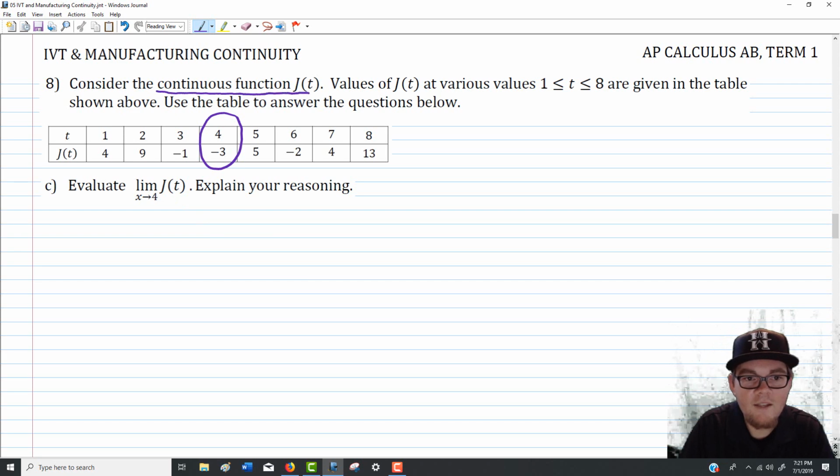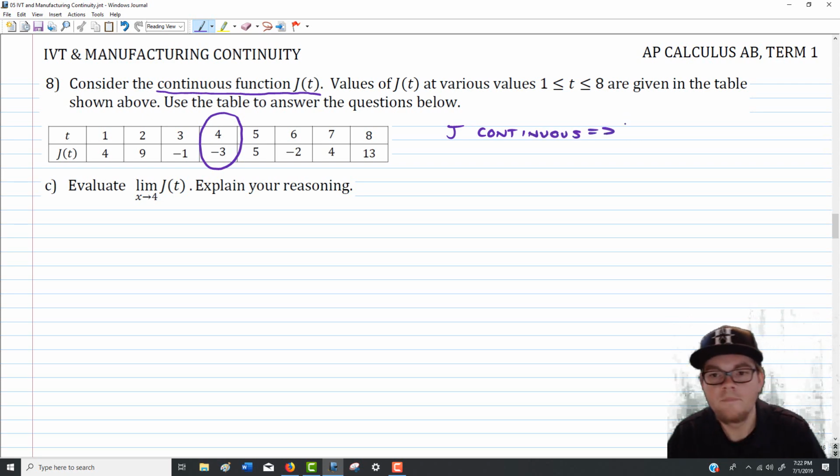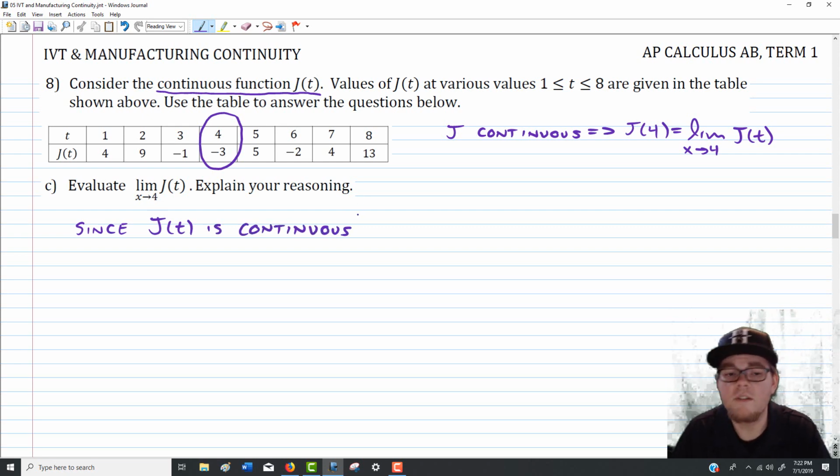We have a continuous function j of t. So because j is continuous, that means, by definition, that j of 4 has to equal the limit as x approaches 4 of j of t. That's literally the third step of the definition of continuity. So with that in mind, we can state, since j of t is continuous, and again, it's continuous everywhere, so it's therefore continuous at x equals 4.